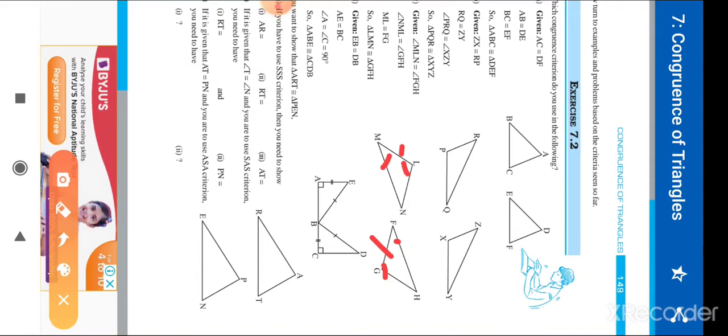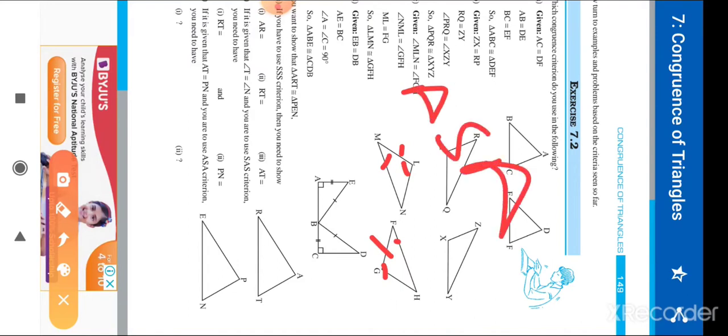So here you can see that two angles and the included side of triangle MLN are equal to the two angles and included side of triangle FGH. So these two triangles are congruent by the ASA congruency criteria.